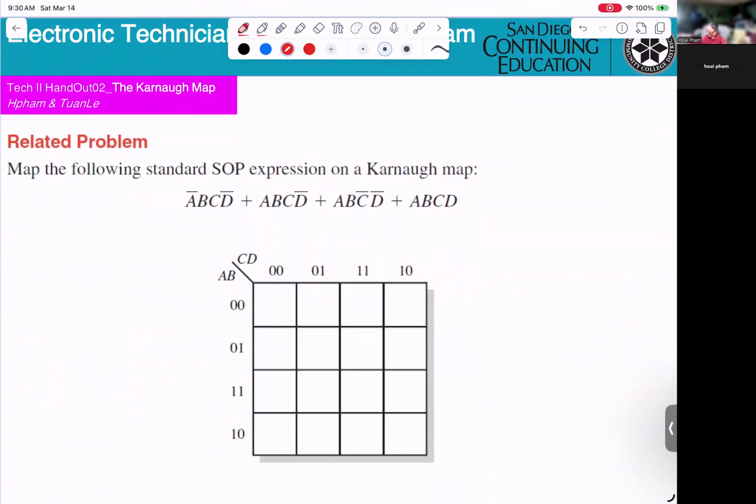For example, not A, B here; C, not D; C, not D. So you get that one.